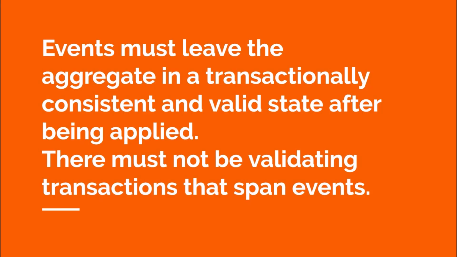Here we have the first rule of distributed eventing, and it applies to event sourcing too. Events must leave the aggregate in a transactionally consistent and valid state after being applied. There must not be validating transactions that span events. This rule of events in distributed systems will drive most of the principles I'll cover now regarding distributed system design.